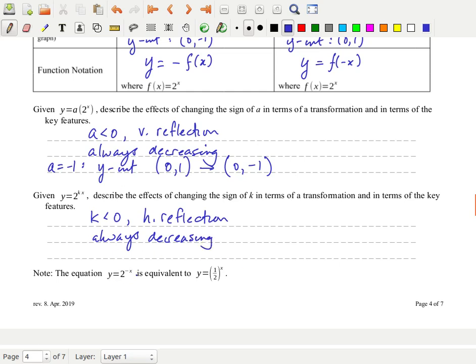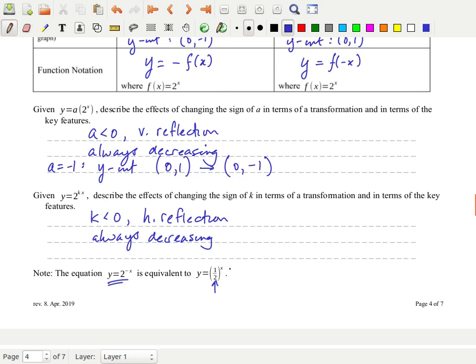And the y-intercept didn't change in this case, so no need to make a note of that. Now, the other thing I make a note of down here at the bottom is that when we use negative exponents, so for example 2 to the negative x, which was our horizontal reflection, that is actually equivalent to choosing a new base, and in this case it would be the reciprocal of this base, making the positive exponent.